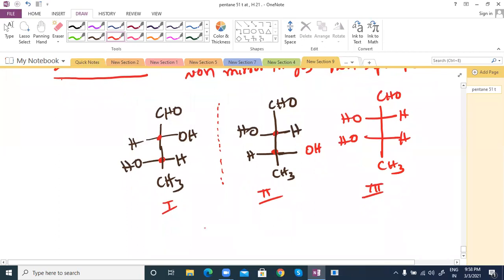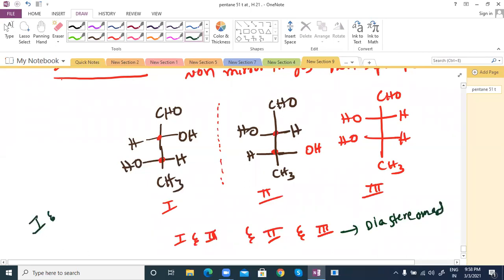What about one and three, and two and three? Are they mirror images of each other? No. So they are non-mirror images and also non-superimposable. Those we call diastereomers. But one and two are enantiomers, mirror images of each other. That's why enantiomers.